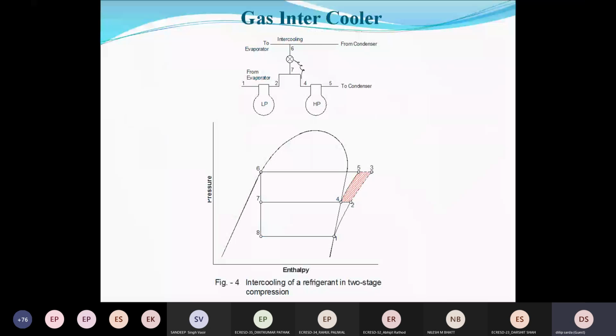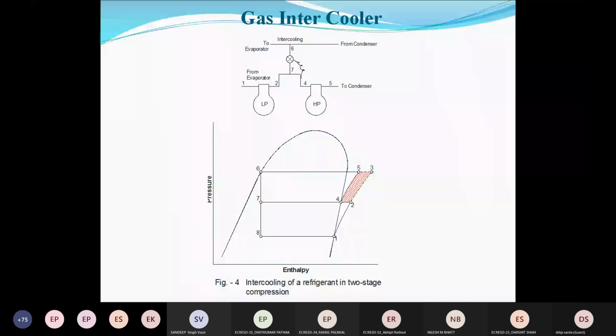Now let's see how the intercooler is working. We have seen this diagram earlier, but not on the pH diagram. So I have repeated the same diagram here in schematic way to explain how it works.